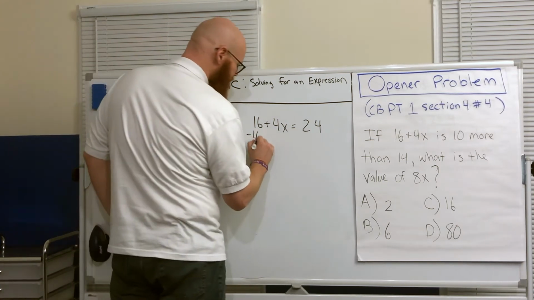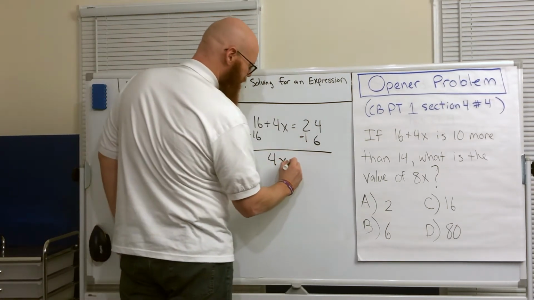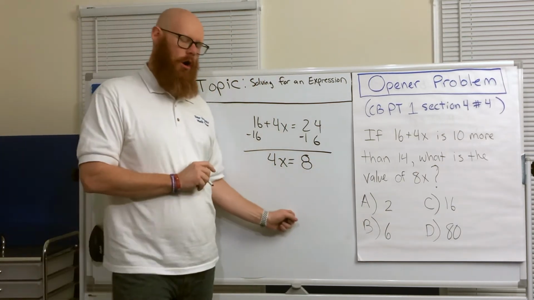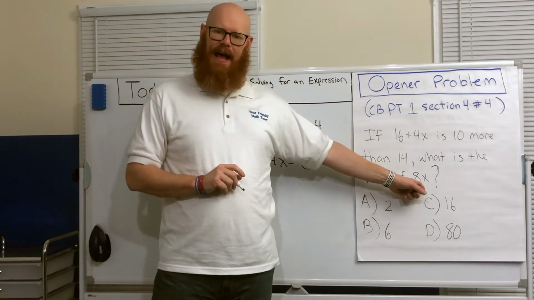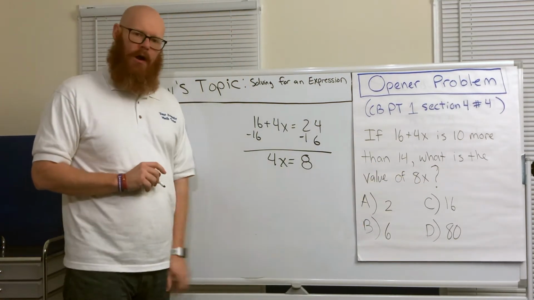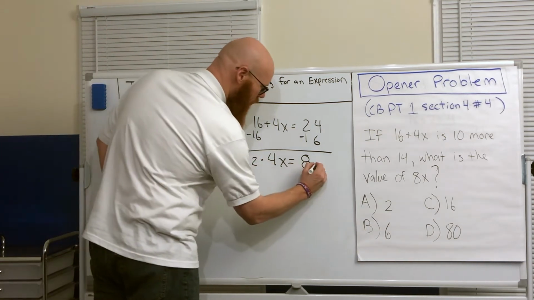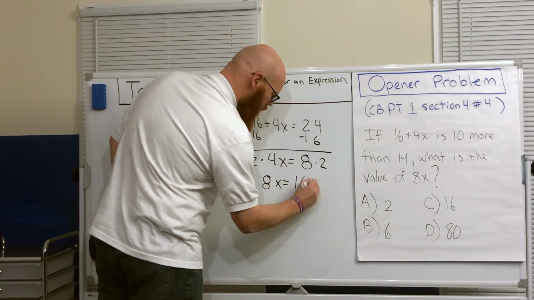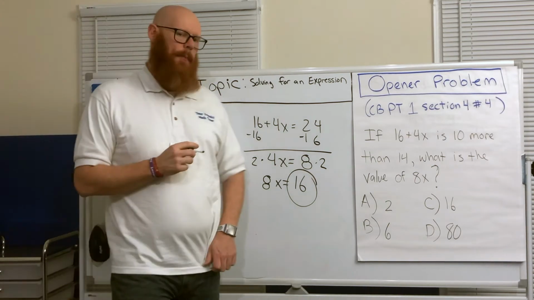So if I subtract 16 as I did before, I get 4x equals 8. Instead of dividing by 4 to get x, I want to go directly to 8x. The way I make 4x into 8x is I just multiply each side by 2. Then I get 8x equals 16, and I'm done. So I just saved a couple steps.